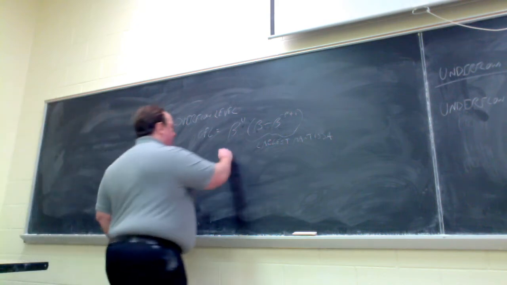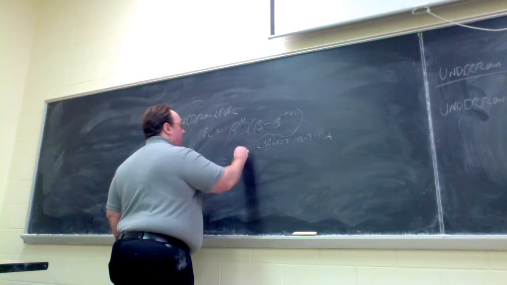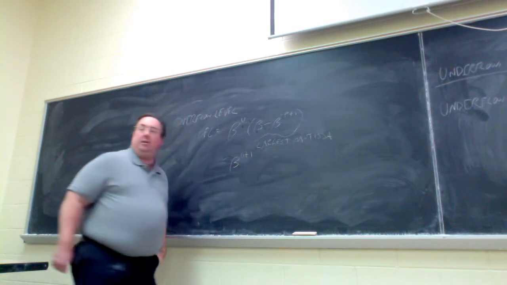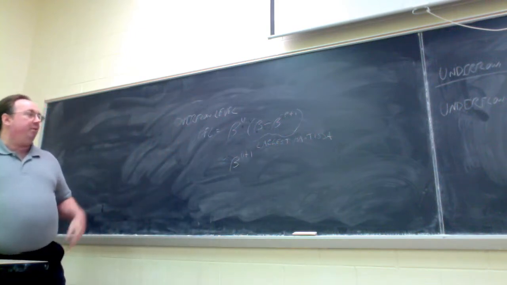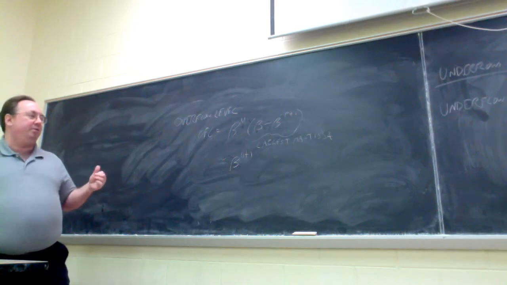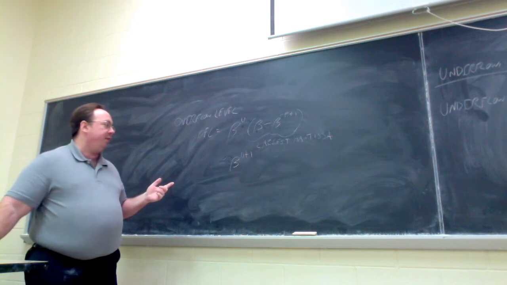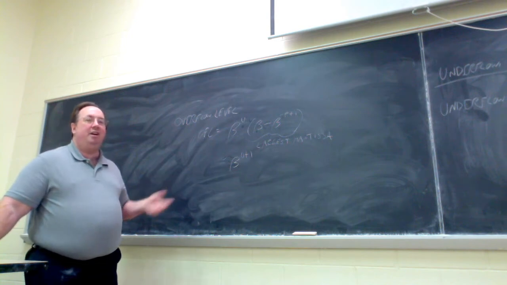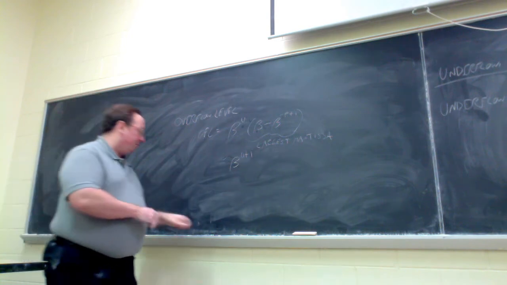This is roughly beta to the u plus 1. Now u in IEEE double precision floating point is 1023, so presumably I cannot represent 2 to the 1024.